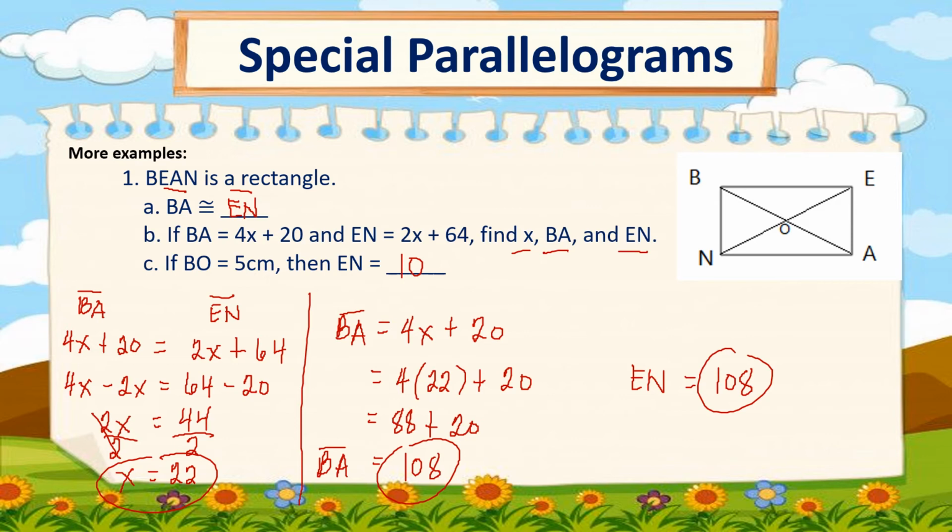Since the diagonals of a rectangle are congruent, or BA is congruent to EN, and the diagonals of a parallelogram bisect each other, we can say that BO is congruent to OA and is also congruent to NO and is also congruent to OE. So if BO is 5, OA is also 5, NO is also 5, and OE is also 5. Therefore, the length of EN is equal to 10.